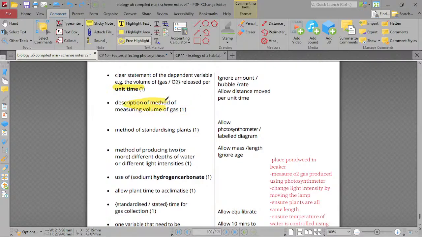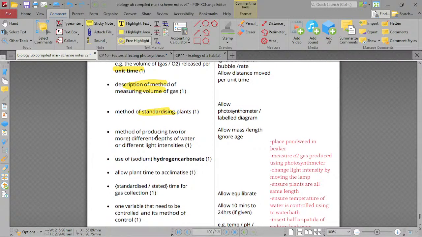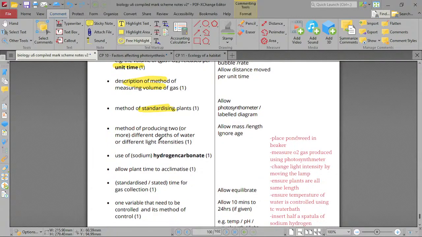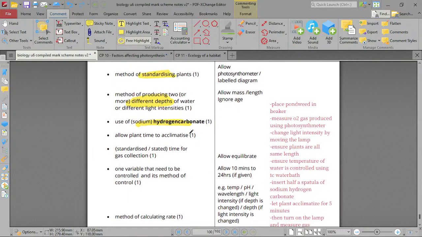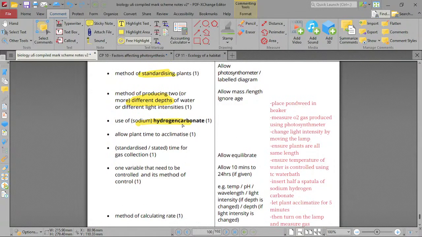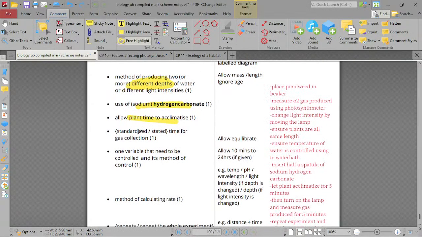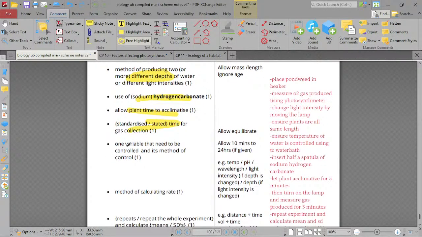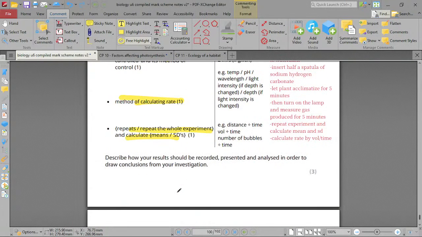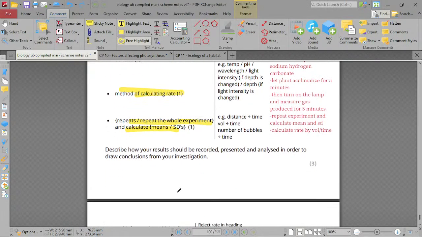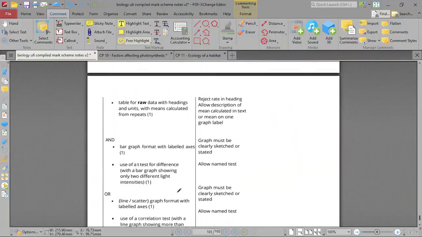Standardizing plants, controlling the length. Two different light intensities. Hydrogen carbonate. Did I not say hydrogen carbonate? I did say hydrogen carbonate. Plan to acclimatize, 5 minutes for this. Temperature. Okay. Calculating rate. Repeat the whole thing. Calculating mean and SD. Boom. That's pretty much every point.